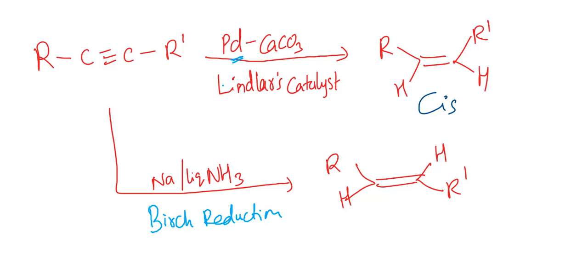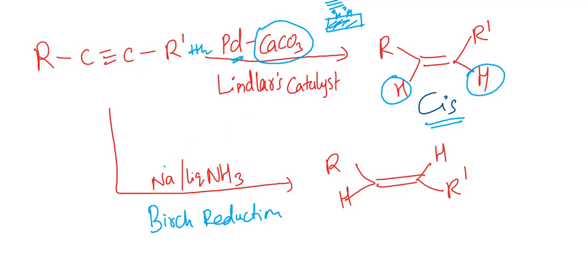So in the presence of hydrogen, palladium would convert it into alkane, but here calcium carbonate reduces that property, that's why we can stop this reaction at alkene. So palladium is just a metal, on the metal this hydrogen is adsorbed, so here the alkyne is coming. These two hydrogens are added on the same side, that's why we get cis alkene.